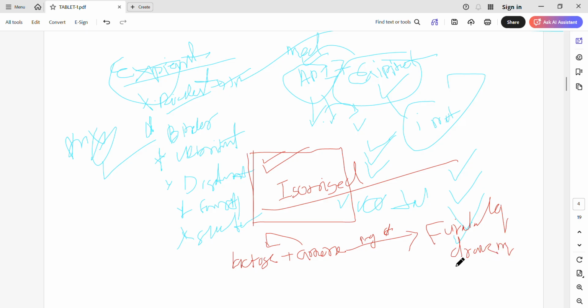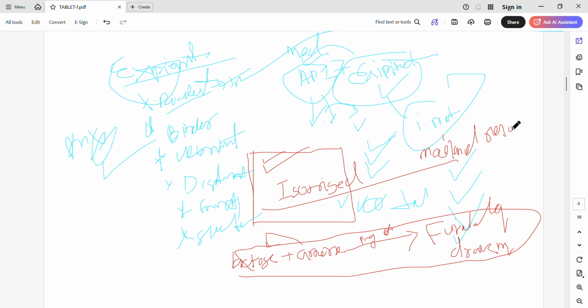This reaction is called the Maillard reaction. Okay, this reaction is called the Maillard reaction. So mainly, lactose is not used with amine-containing drugs.